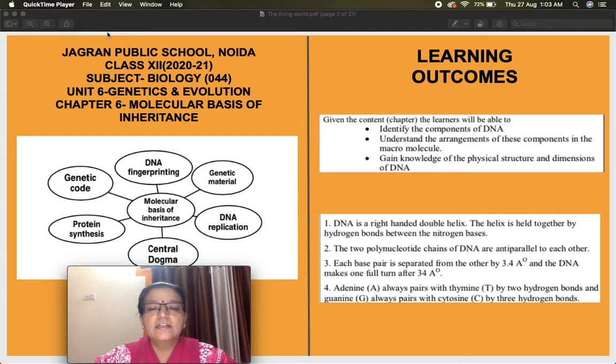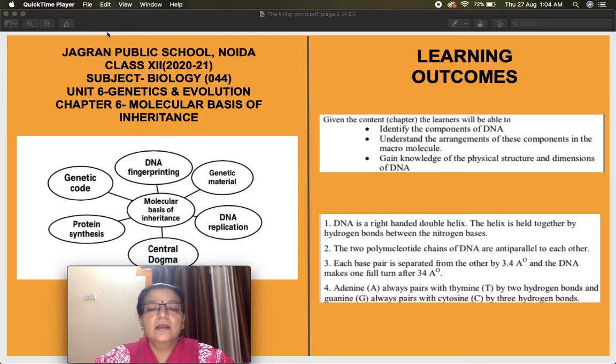You will learn DNA as a right-handed double helix, held together by the hydrogen bonds between the nitrogen bases.